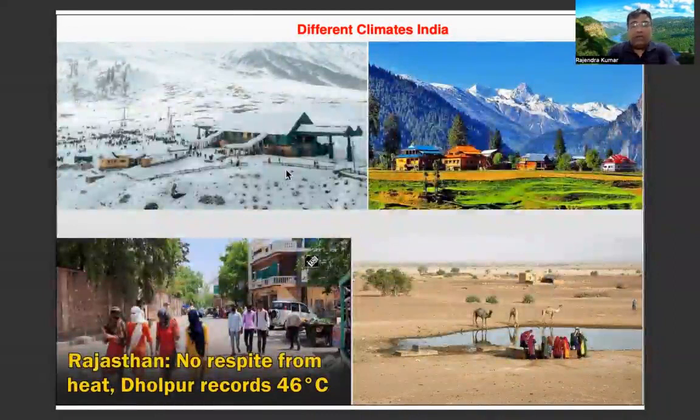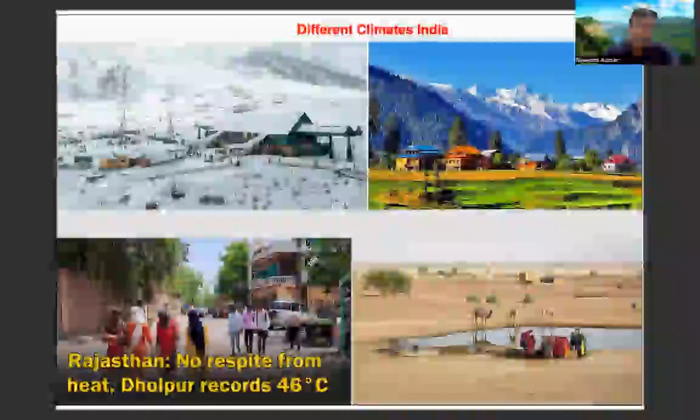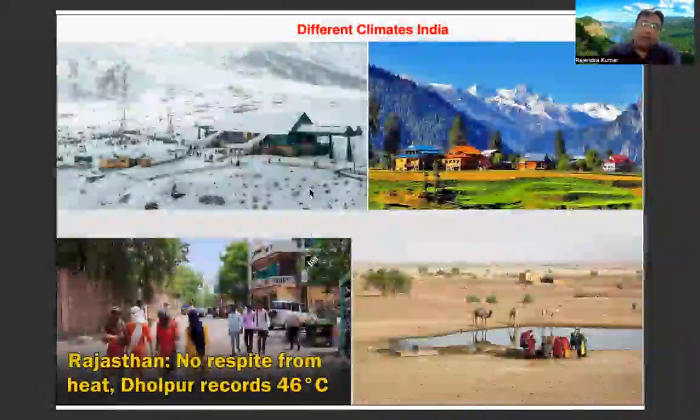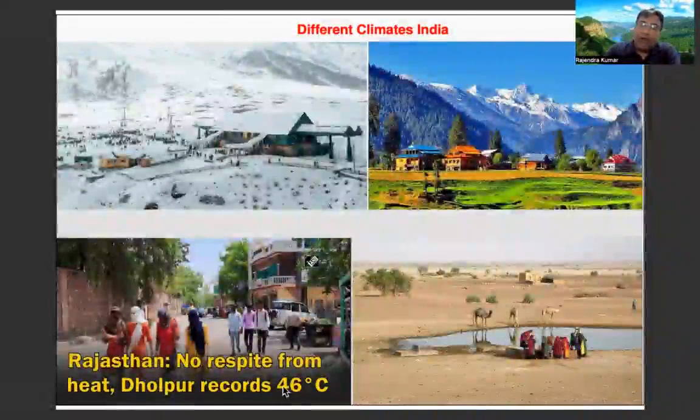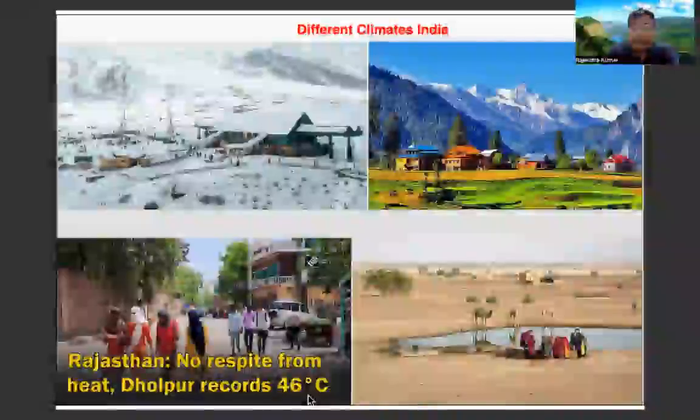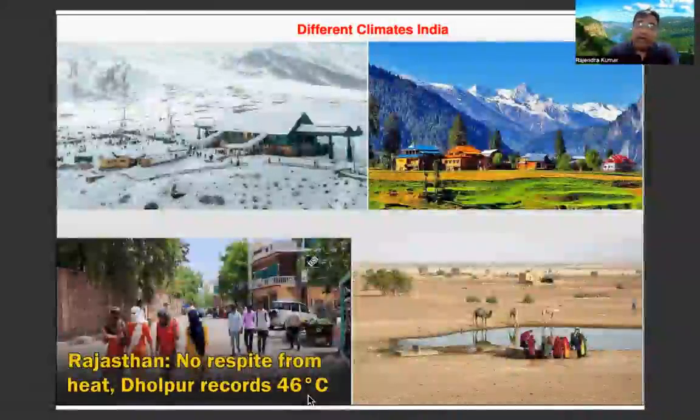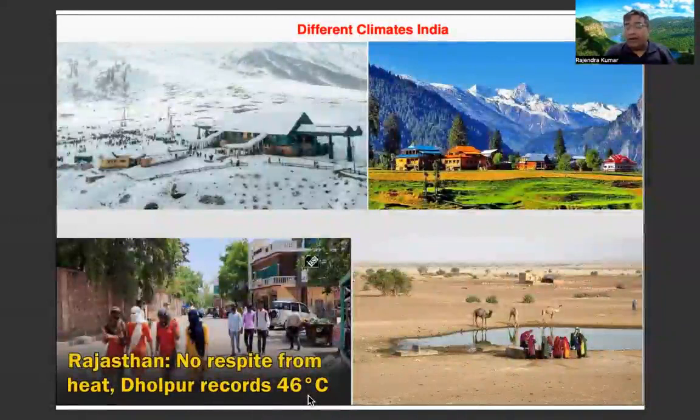So here you can see at the same time of the year, one part is having snow and one part is facing a temperature of 46 degrees centigrade. By the way, the region where I live, which is New Delhi, these days the temperature is going 42 and 43 degrees centigrade.